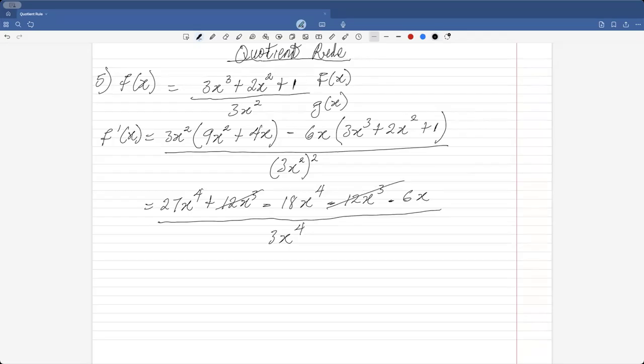Do we have any other like terms here? I don't think we have it. So let's do some algebra here. So 27x to the power of 4 minus 18x to the power of 4 is 9x to the power of 4.